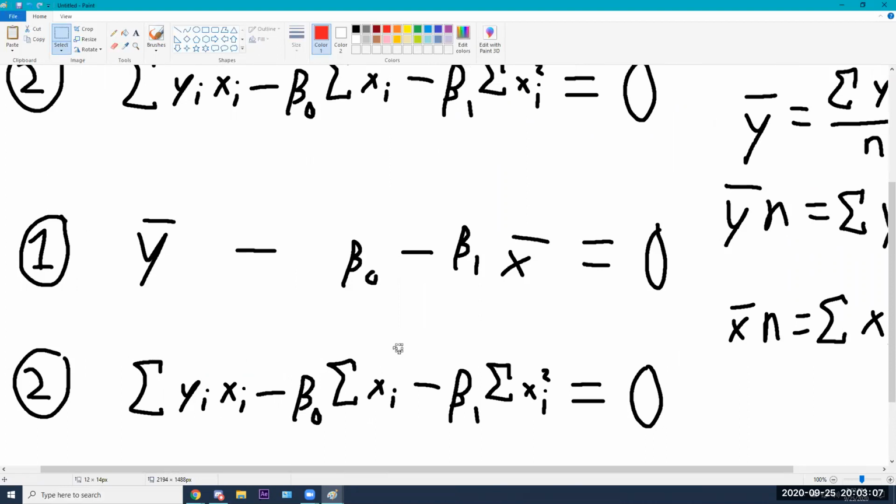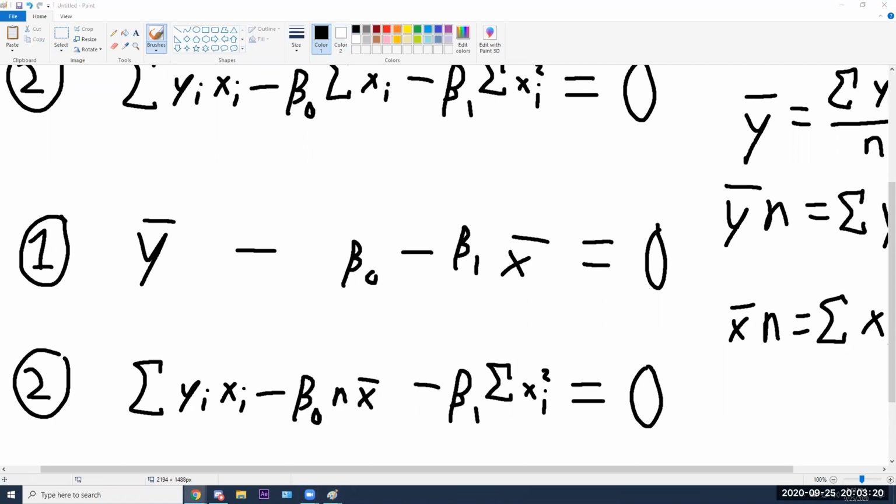So we're only going to be replacing this one here. So this one is equal to n of x bar. Okay. And so now we have these equations.